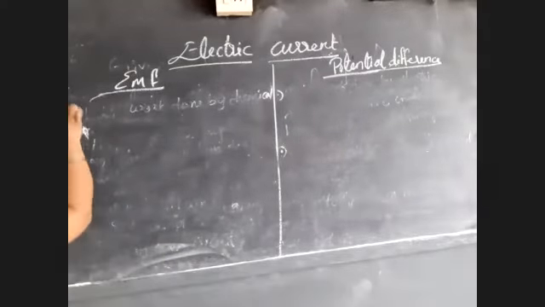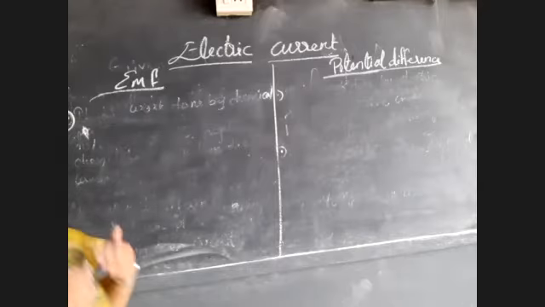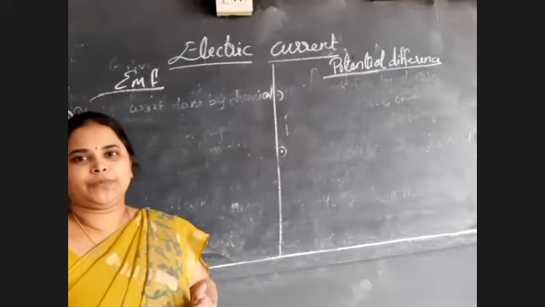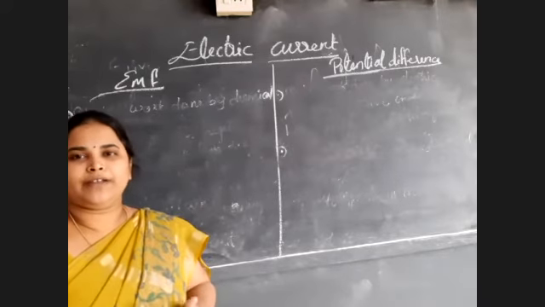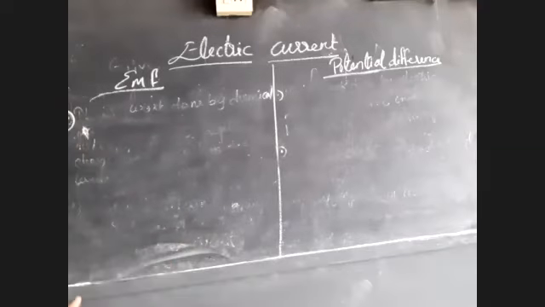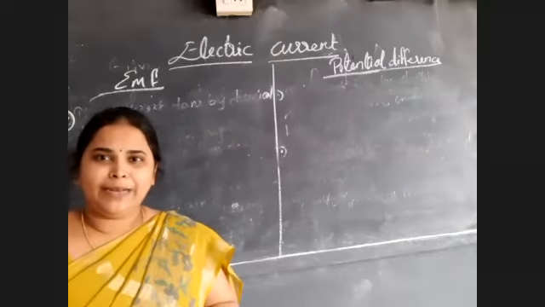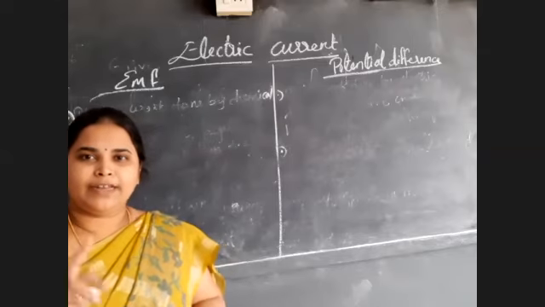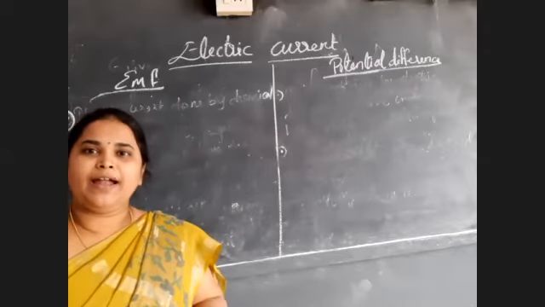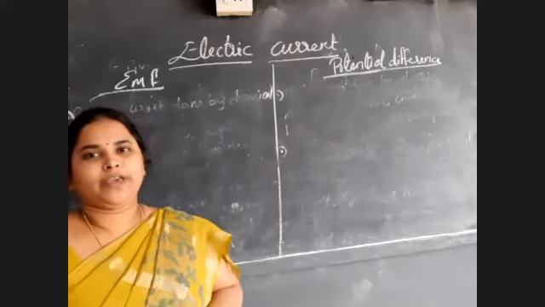See, EMF is independent of the internal resistance of the circuit. It is independent of the internal resistance of the circuit, and it depends upon the nature of the material and the electrolytes. Okay.